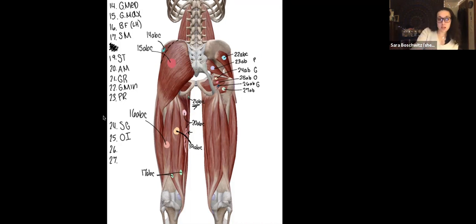And then, sorry, number 27 is going to be the Quadratus Femoris. The Quadratus Femoris is only going to laterally rotate the hip.